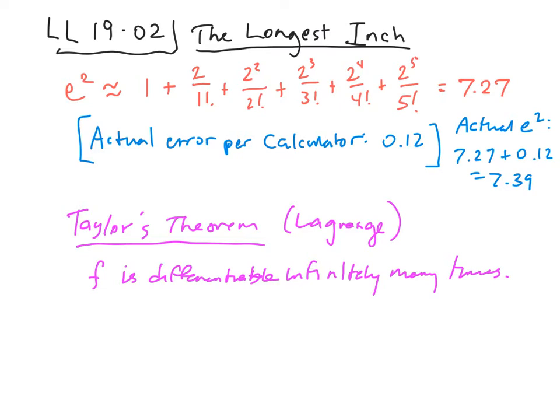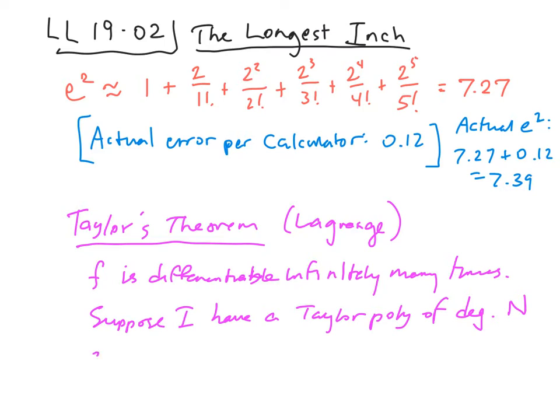There's no real trouble in assuming that. Okay, now let's suppose I have a Taylor polynomial of degree n. Actually, let's not say degree k, let's say degree n. I'm going to use k as the index of summation later. A Taylor polynomial of degree n centered at x equals a.